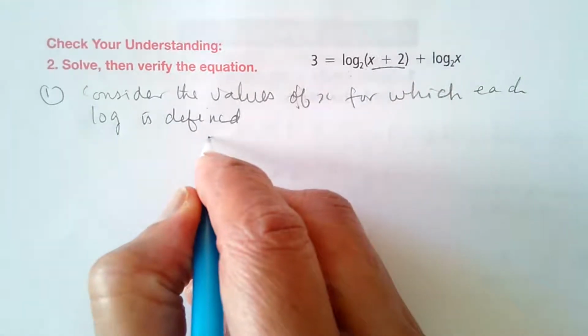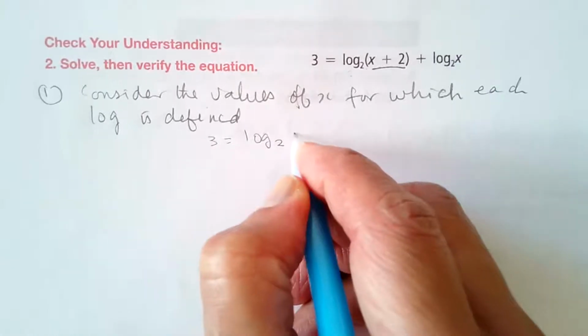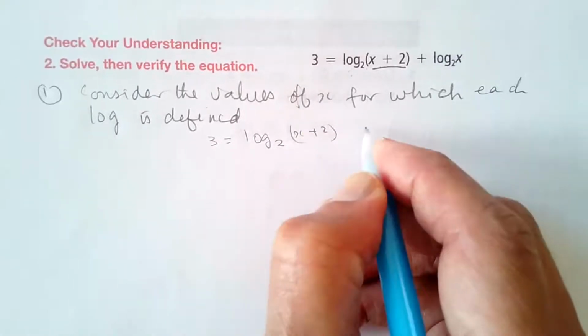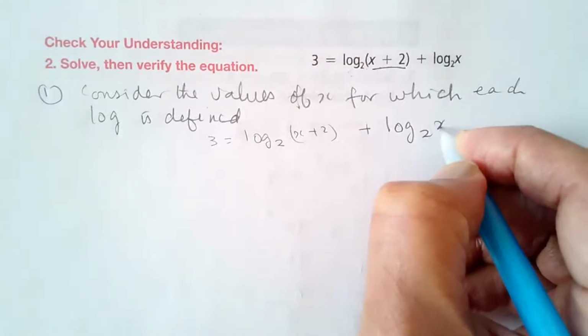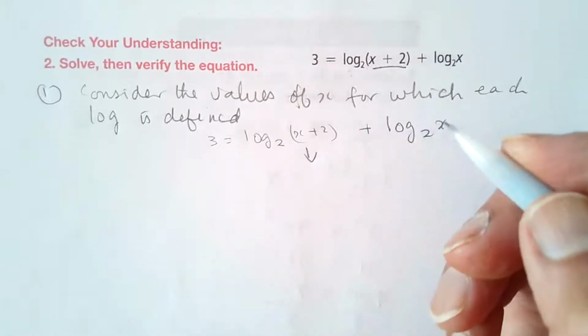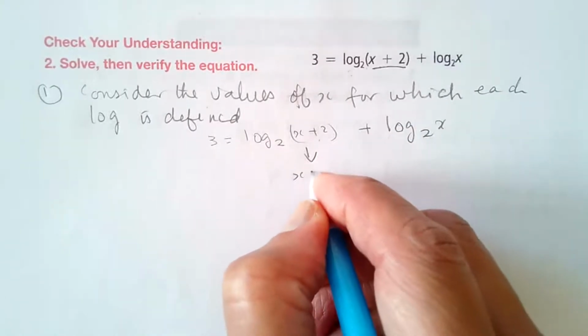I'll just rewrite it here. 3 is equal to log of 2x plus 2 plus log of x. So for the first one, we have x has to be greater than negative 2.